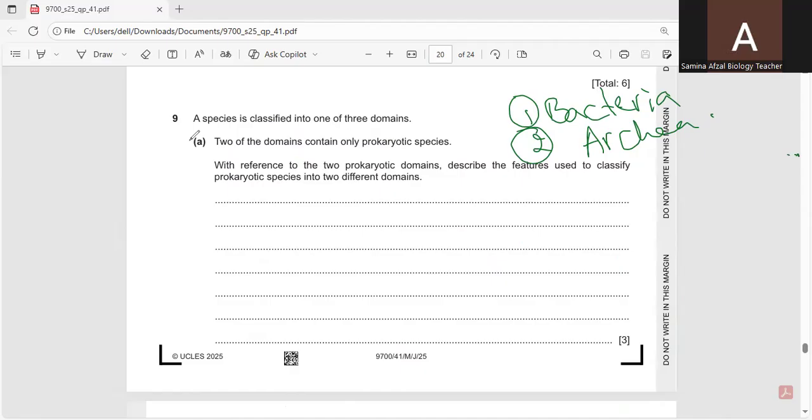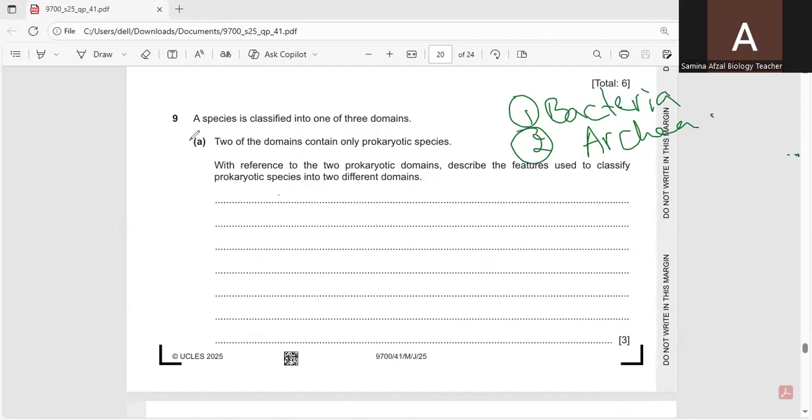Now we have to describe the features used to classify prokaryotic species into two different domains. First of all, the cell wall. Bacteria possess peptidoglycan, and archaea do not have peptidoglycan.